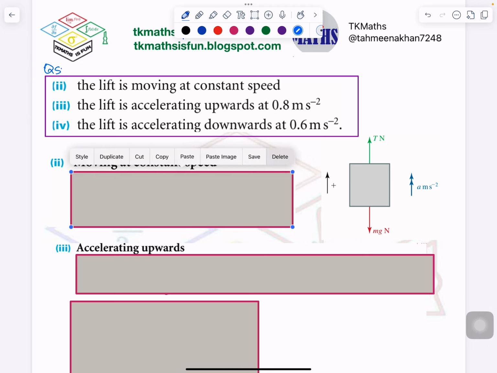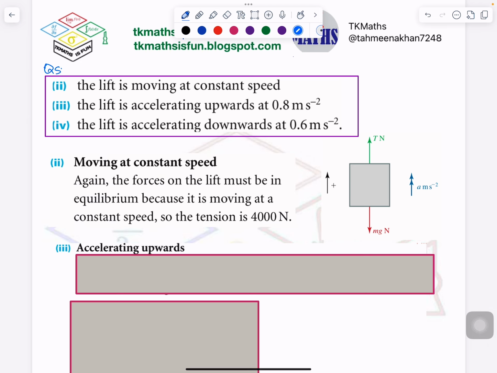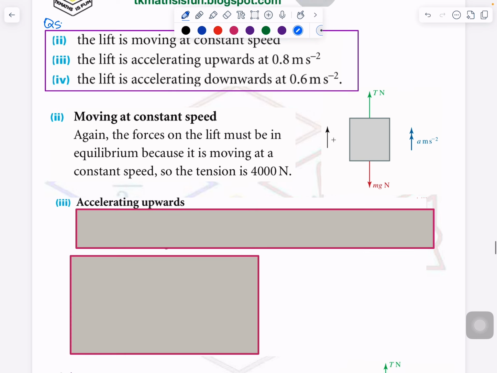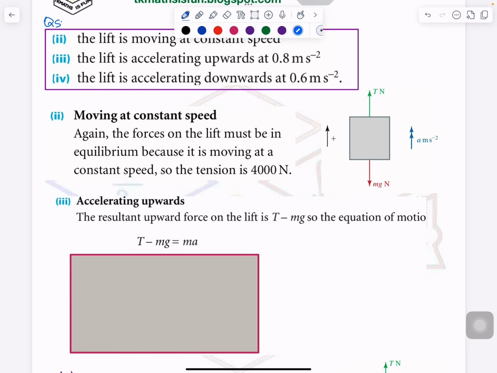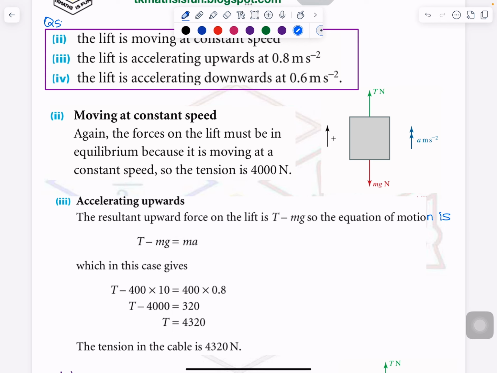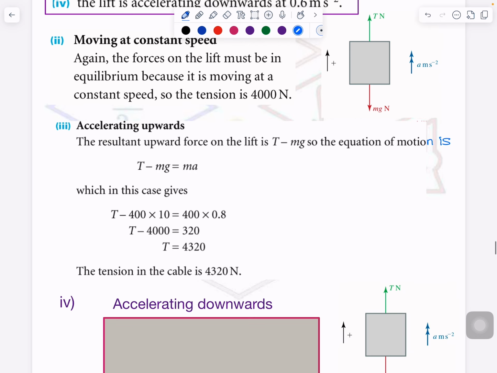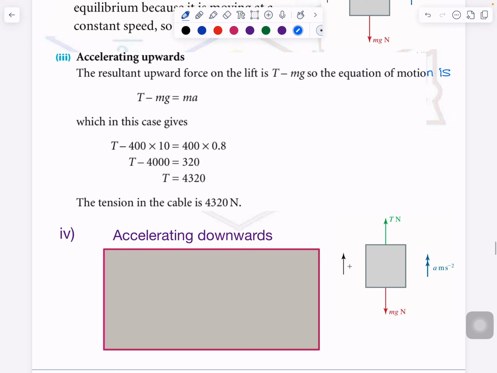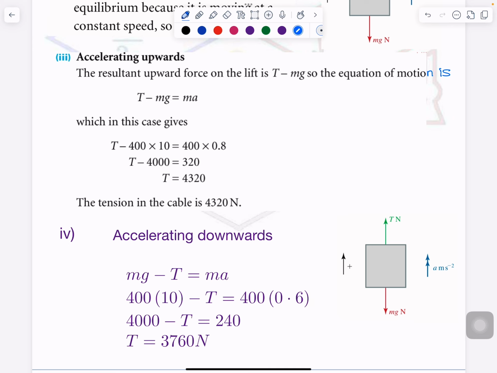So now at constant speed, I told you it remains the same. And what will happen when it is accelerating downward? Absolutely right, mg minus T.